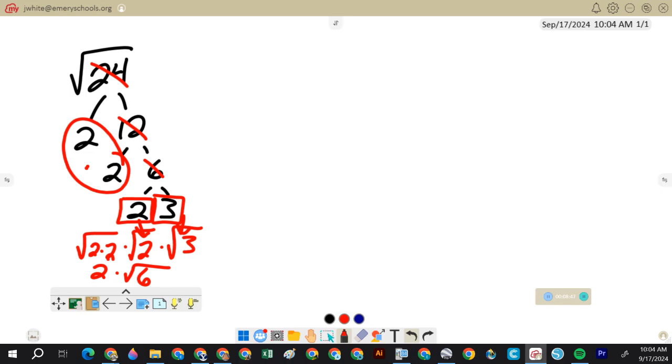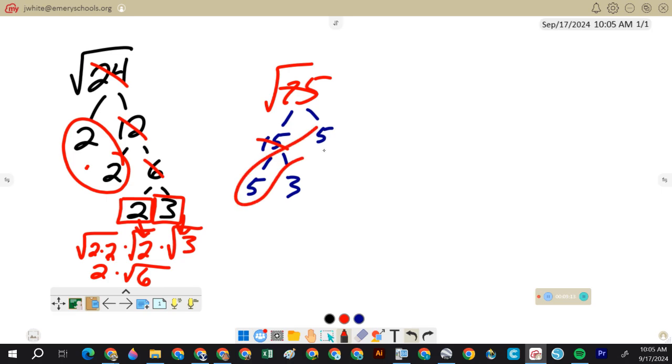All right, let's do the square root of 75. And hopefully you understand enough now that we can sort of do a little bit of a shortcut. What goes into 75? 15 and 5. And what goes into 15? 5 and 3. So I cross off those that factored. And I circle my pairs.